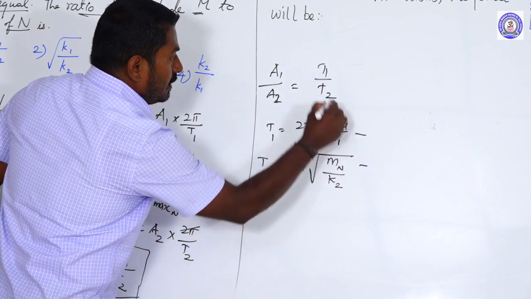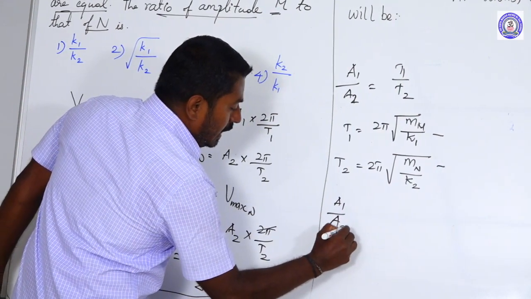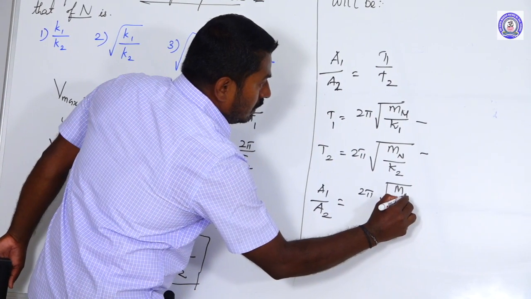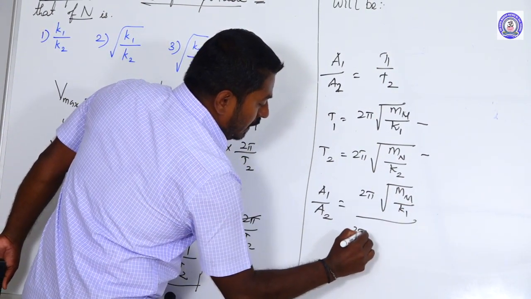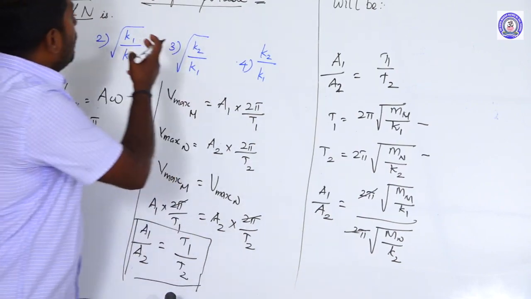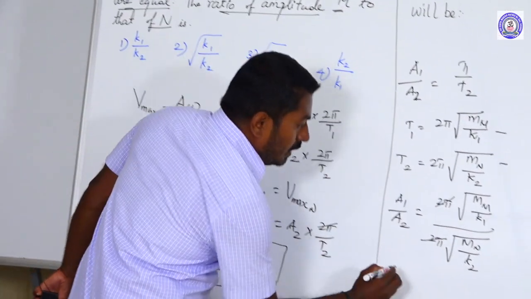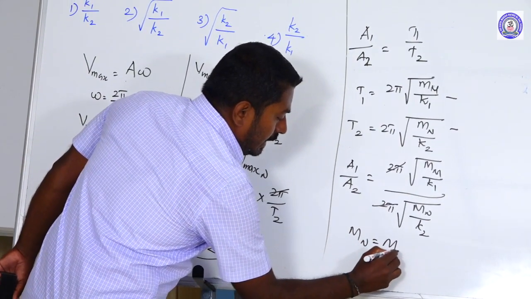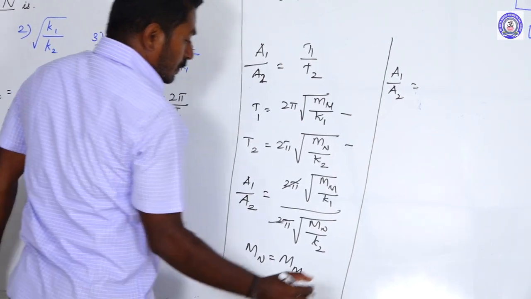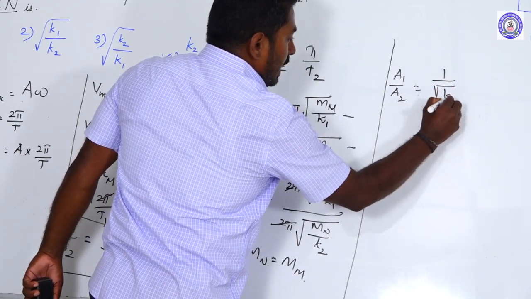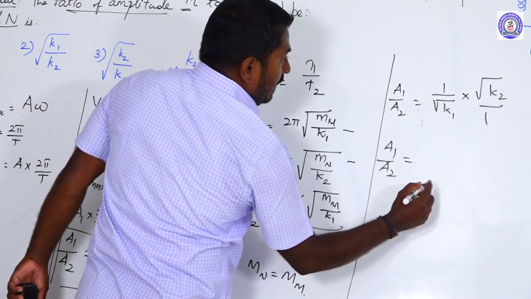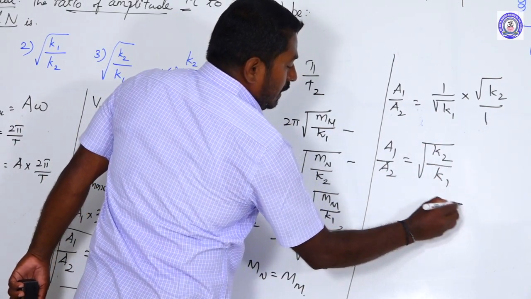Substituting these two expressions in the ratio, a1 divided by a2 is equal to 2 pi square root of m divided by k1, divided by 2 pi square root of n divided by k2. 2 pi gets cancelled. Both particles have the same mass, so m n is equal to m m. Then a1 divided by a2 is equal to 1 divided by root k1 into root k2 divided by 1, so the ratio of amplitude a1 divided by a2 is equal to square root of k2 divided by k1.